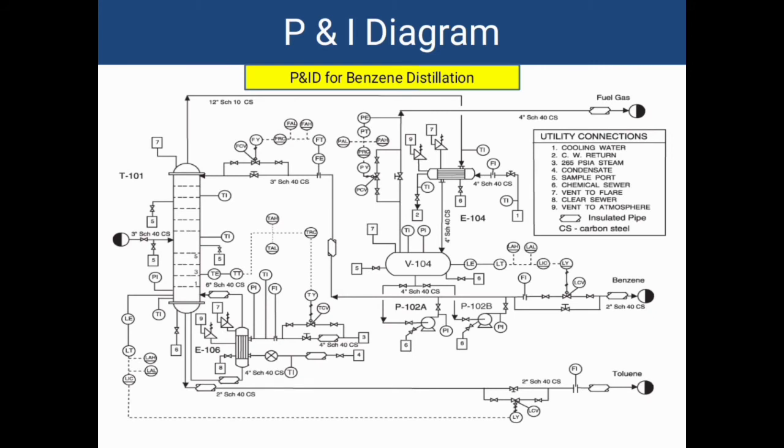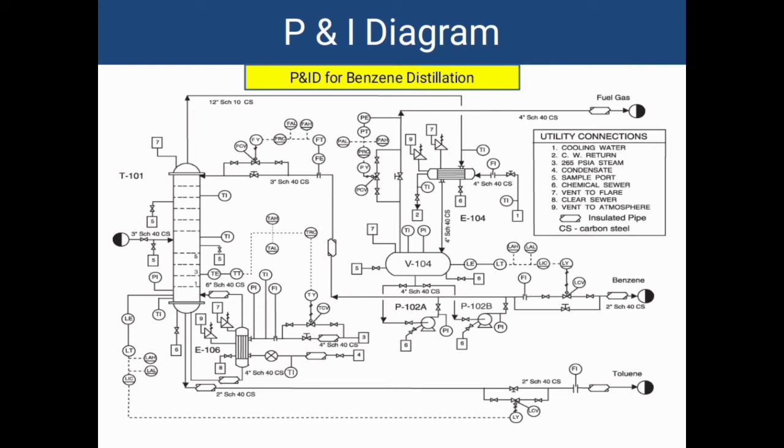Now we can see an actual P&I diagram. This diagram shows the P&ID for a benzene distillation. Here, a benzene-toluene mixture enters the distillation tower and is divided into two streams. At the top, the benzene vapor goes to the heat exchanger, the condenser. Then condensate goes to the reflux drum V104.